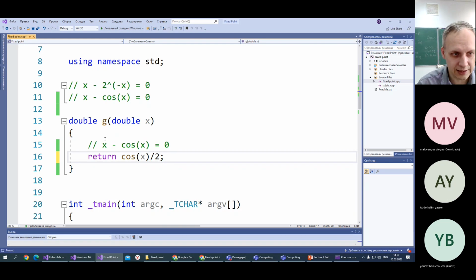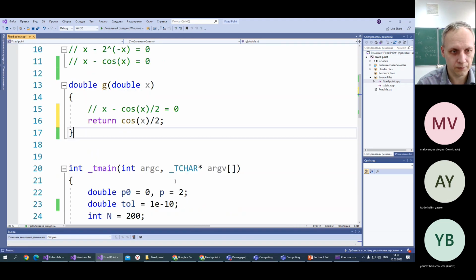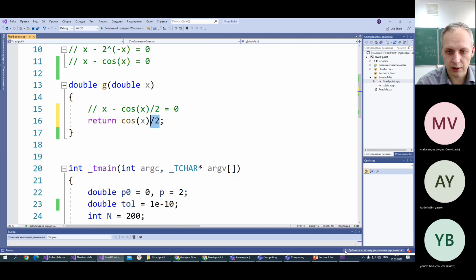The equation x minus cosine x over 2 equals 0. In this case, the derivative of this function will be 2 times smaller. Let's run the method and compare the number of iterations required to solve it.